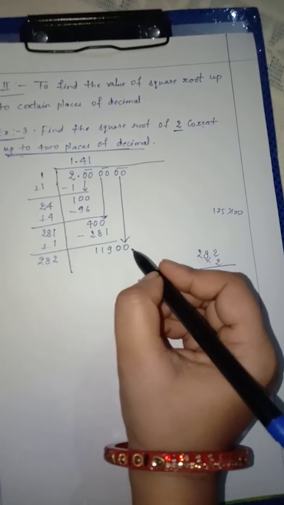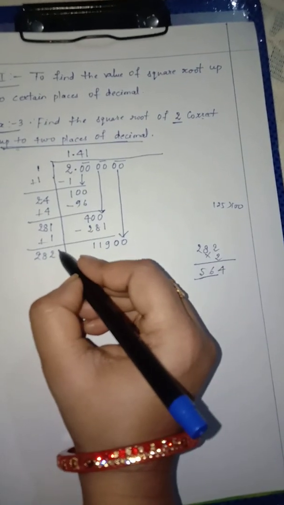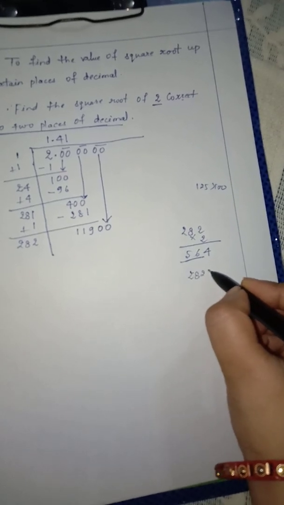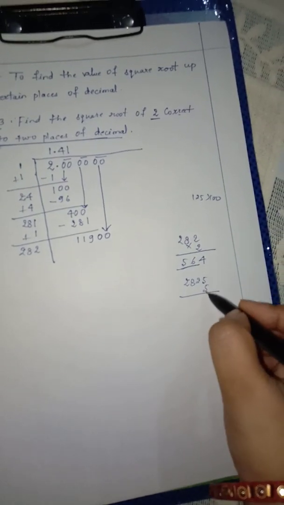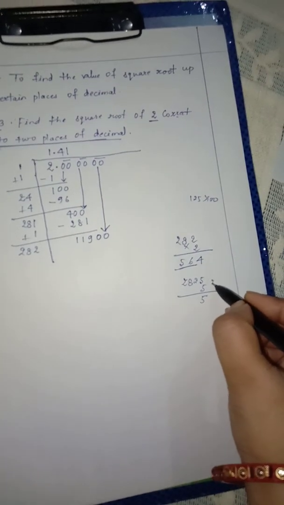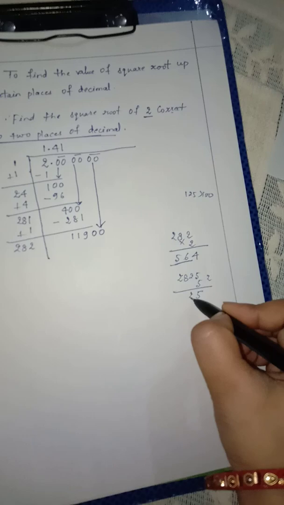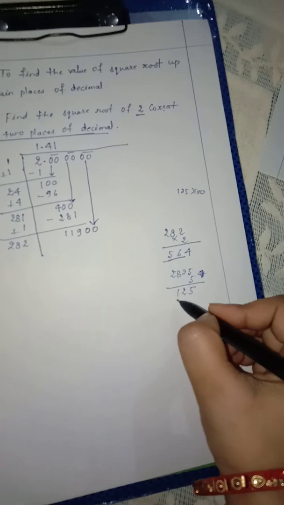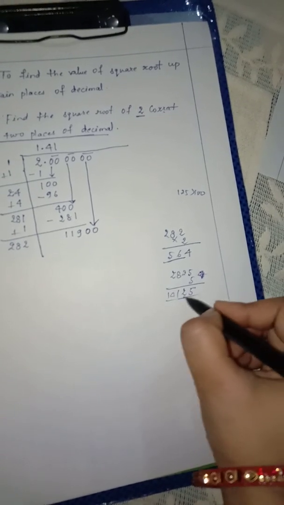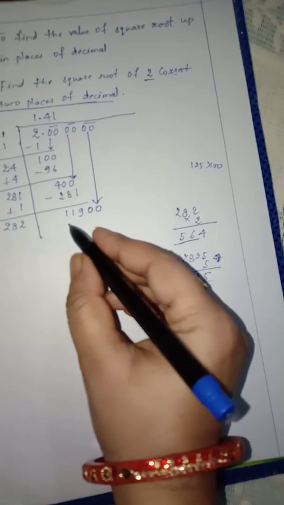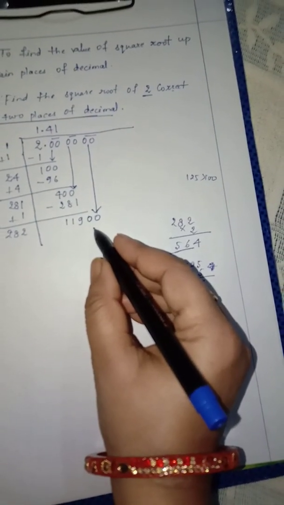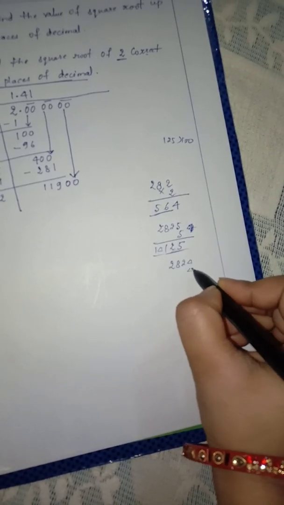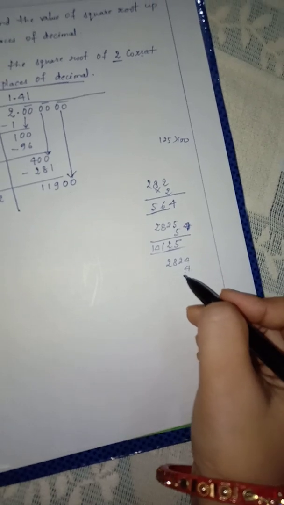One pair of zeros we have left, so it will come down, 11900. Which digit is suitable here? If we take 282 5s, it is 14,125, which is more than 11,900. So what will we take? 2824 4s.